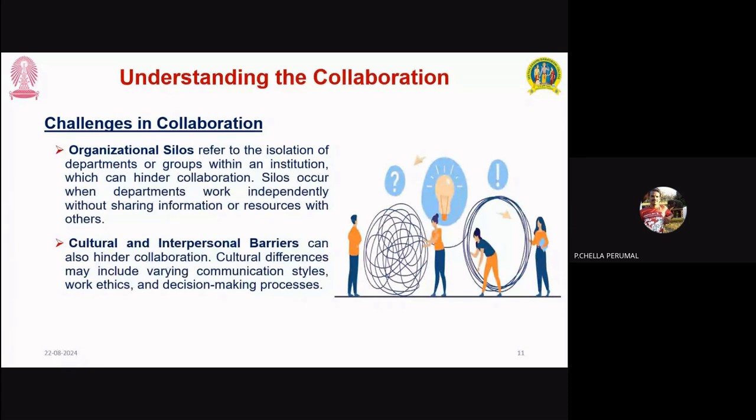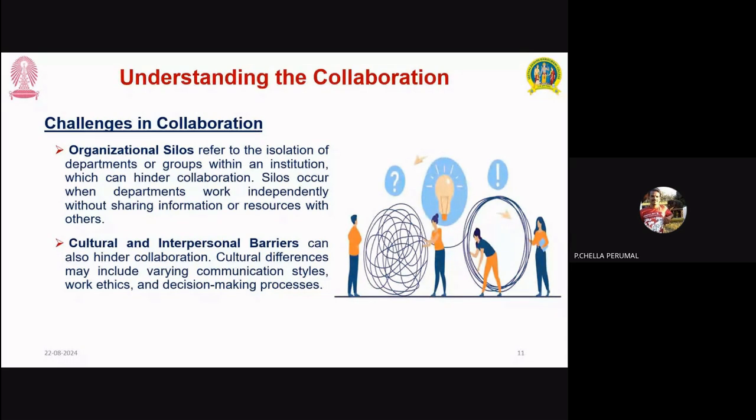The main challenges faced in collaboration are organizational silos, and cultural and interpersonal barriers. Organizational silos refer to the isolation of departments or groups within an institution, which can hinder collaboration. Silos occur when departments work independently without sharing information or resources with others.